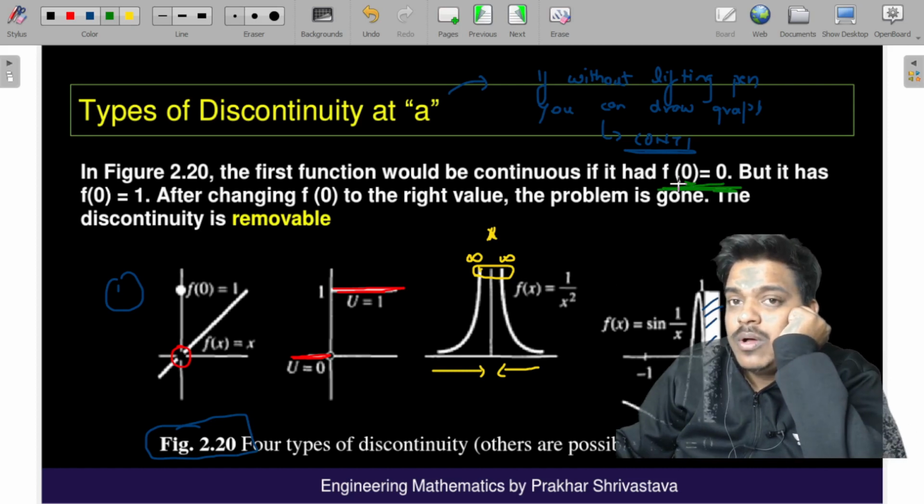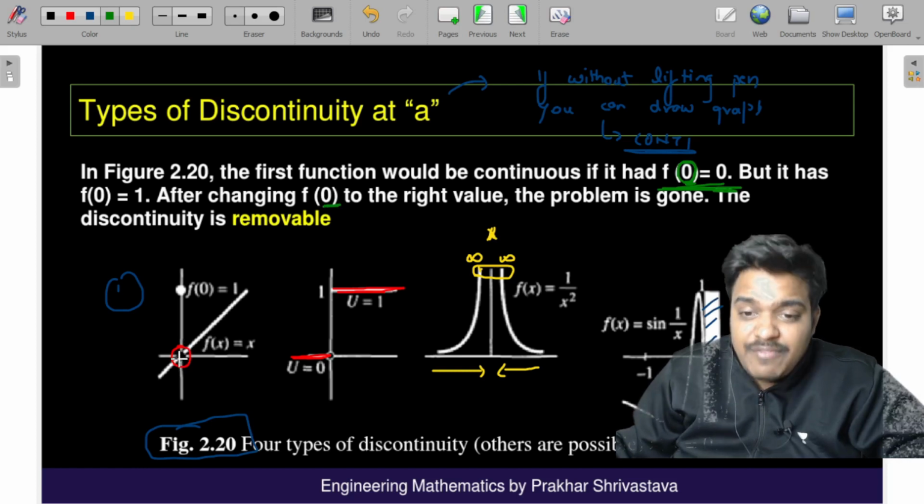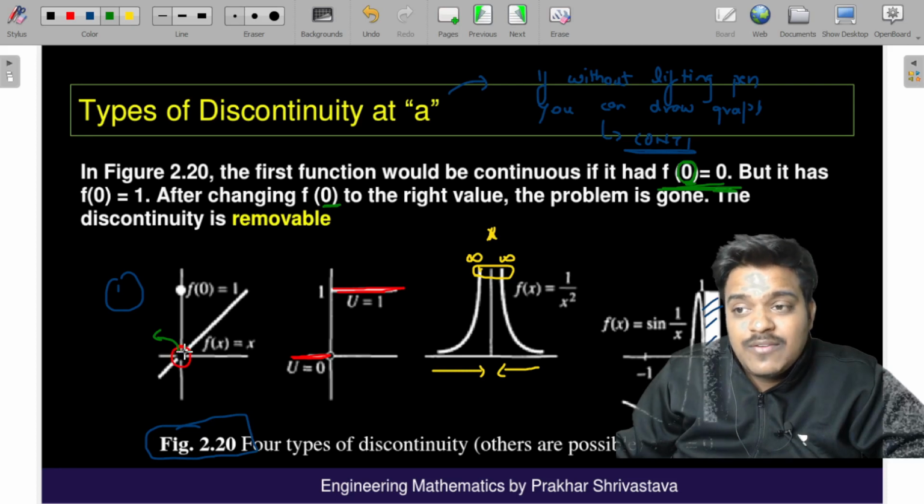Now this is just a point where the value of the function is not defined. If I define the value of the function at this point, don't you think this discontinuity will be removed? Yes, it will be removed.